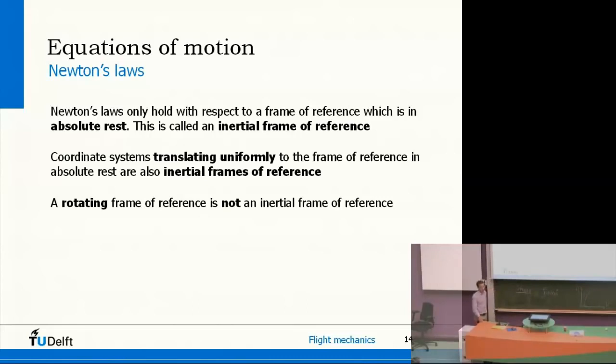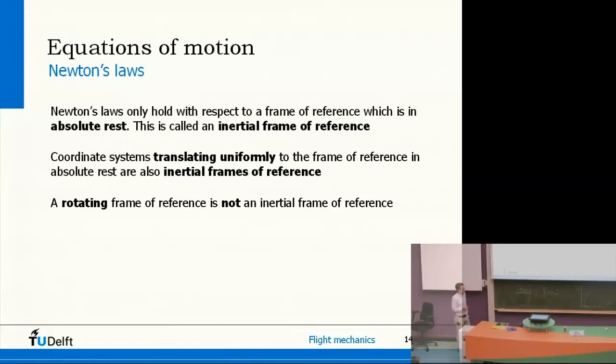And what does that mean? That's a frame of reference, so a coordinate system with axes, which is fixed in space and it's not moving at all. So it's completely at rest. Now, a coordinate system which is translating at a constant speed, you can prove that that's also an inertial frame of reference.